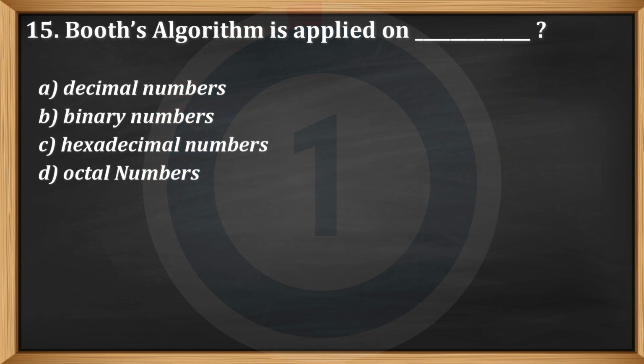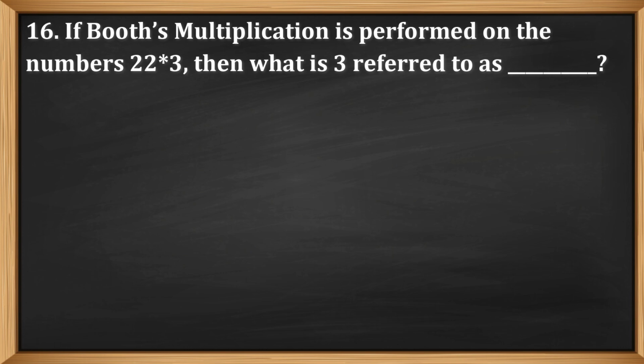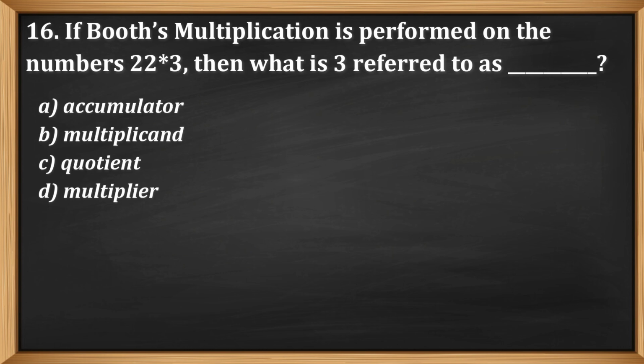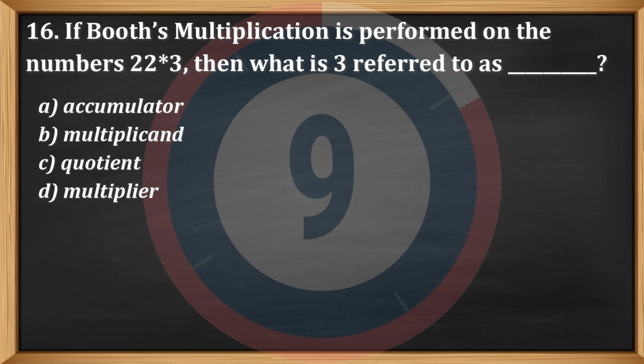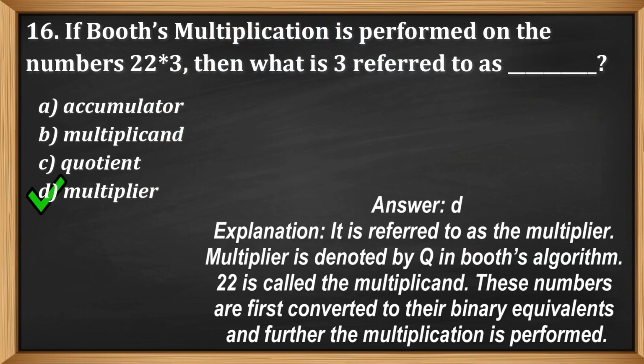Booth's algorithm is applied on option B, binary numbers. The Booth's multiplication is performed on the numbers 22 into 3. Then what is 3 referred to as?